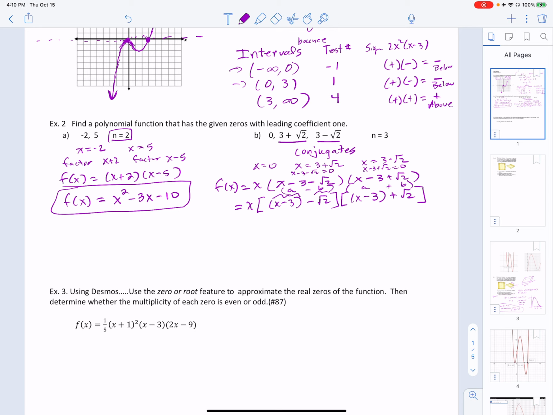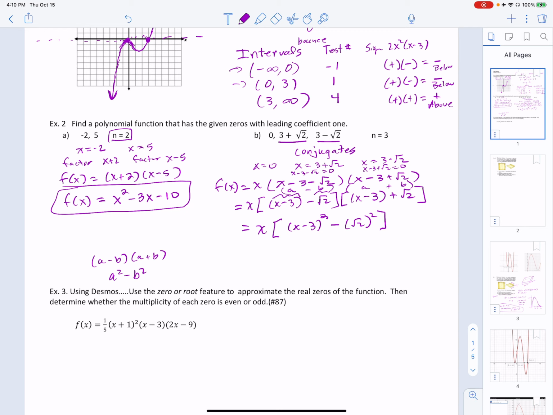And when you multiply A minus B times A plus B, you get A squared minus B squared. So I still have the x out in front, but I can make this an x minus 3 squared minus root 2 squared. And this will be a much faster way to multiply this out.